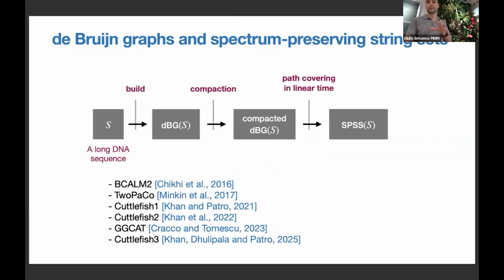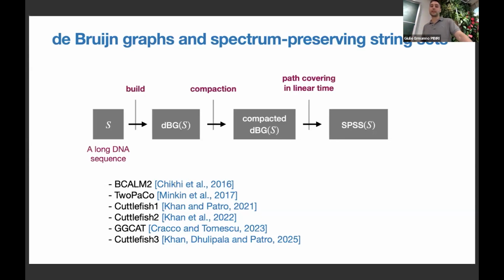So I want to conclude this part about spectrum preserving string sets with this remark. My final message is that we have very, very efficient algorithms that also have been implemented and tested. So something very, very practical that can produce and process the following pipeline. From an input very long sequence, they build the compacted de Bruijn graph in external memory using parallelism.